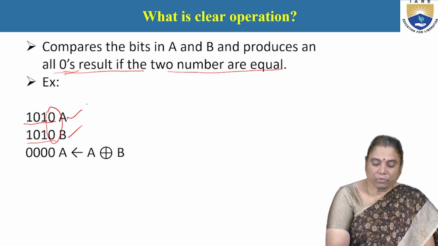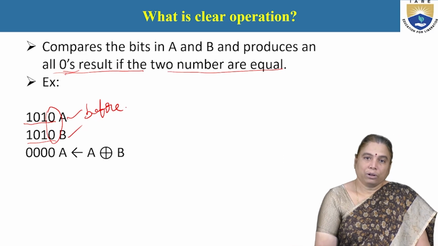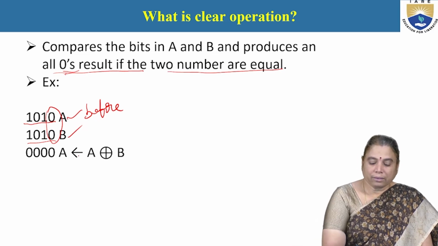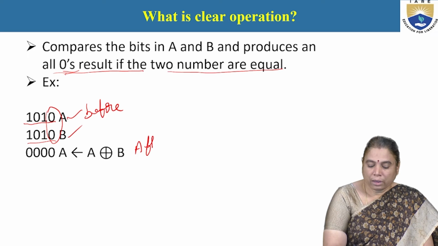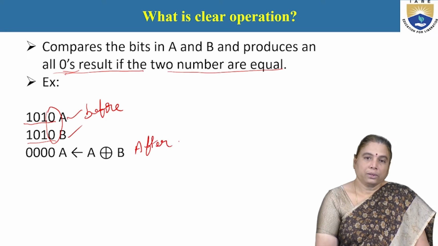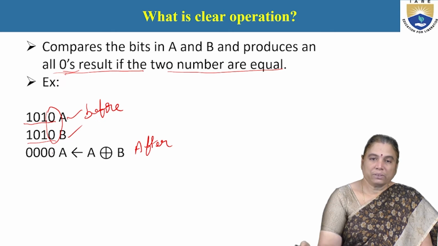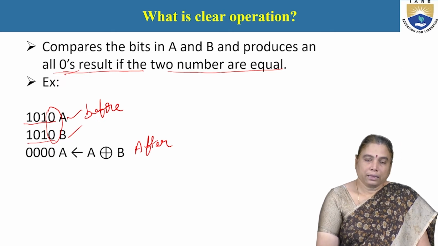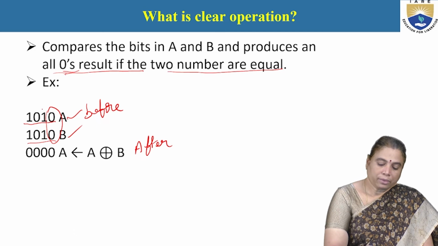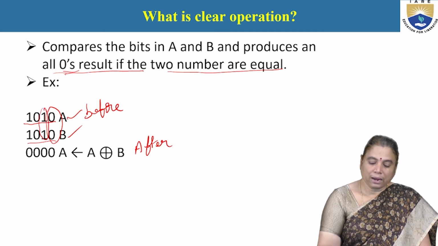This is before performing the clear operation on the value of register A. This is after performing the clear operation on register A. Here both are equal, so 0 is set in the resultant A register. Next bit is considered.